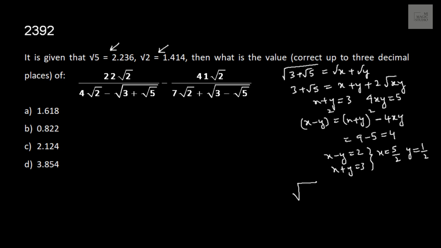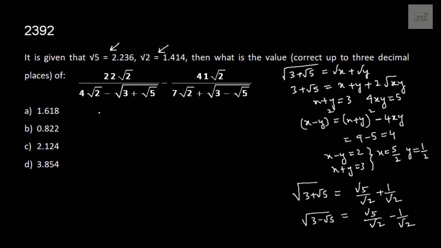That means root over 3 plus root 5 is actually equal to root 5 by root 2 plus 1 by root 2, and root over 3 minus root 5 will be equal to root 5 by root 2 minus 1 by root 2. Once we have this, if we substitute these values in this place, we can have our answer.